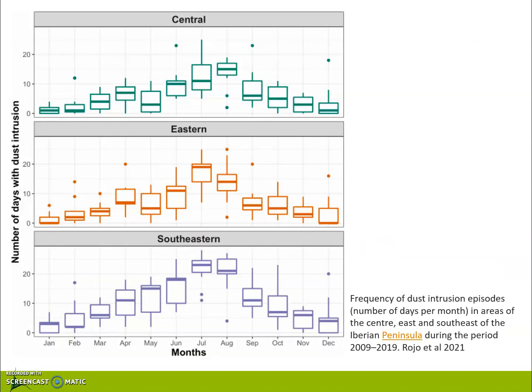This is for different regions in Spain, where you see a peak of events in July and August, but they do occur in other times of the year. You can analyze time series of this, and you'll see that this has been happening for several decades, and we can probably go back hundreds, thousands, and certainly millions of years where these dust events have been happening.